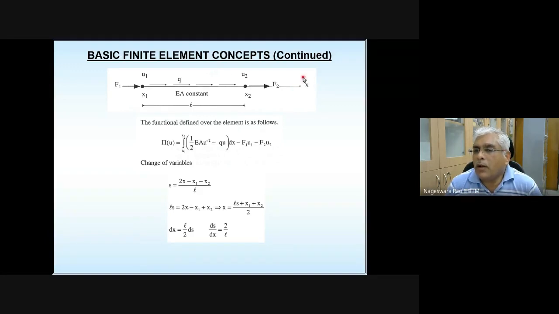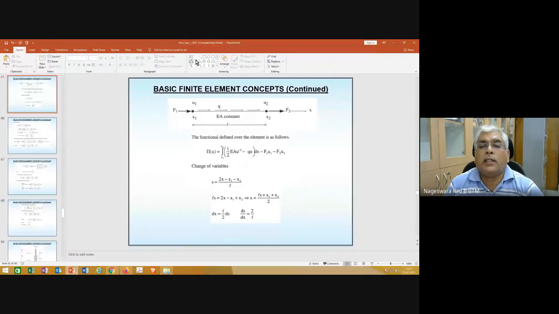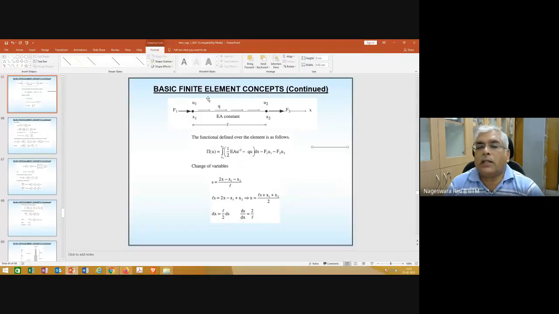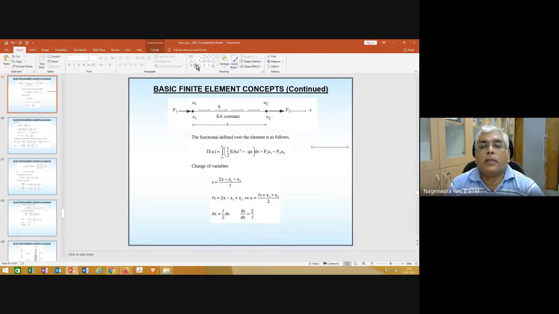So now let's assume this element, instead of being in the vertical direction. Let me draw it, then you will understand. Instead of the element being either horizontal or vertical, let's say the element is now inclined.